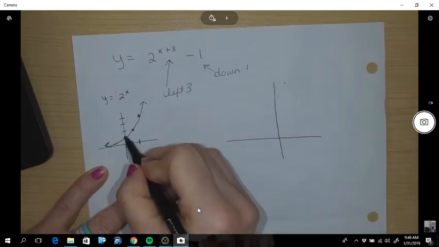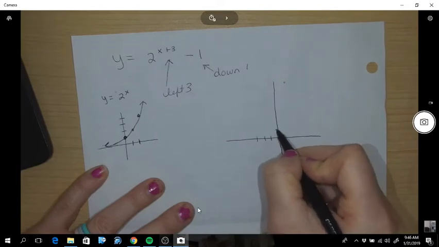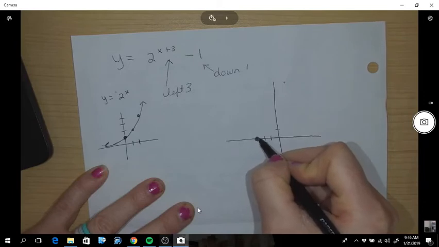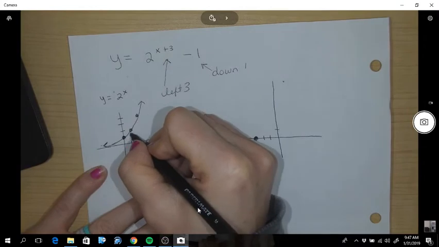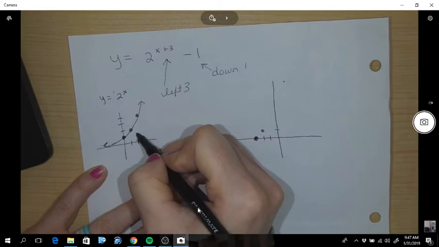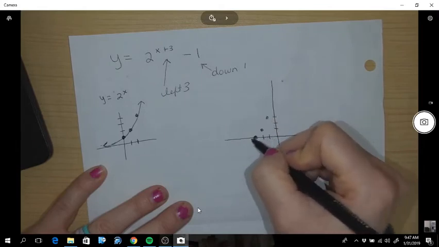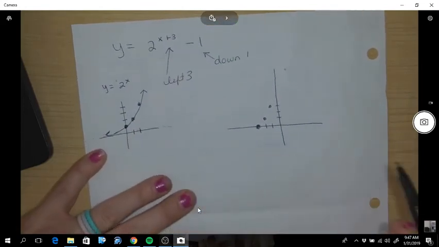Okay, so I'm going to take this point (0, 1). I'm going to move it left 3. So there, and then down 1. Okay, to get to this next point, I moved 1 over and 1 up. And then when I did this point, it was 2 over and 3 up. Okay, and then remember that you had a horizontal asymptote at 0.